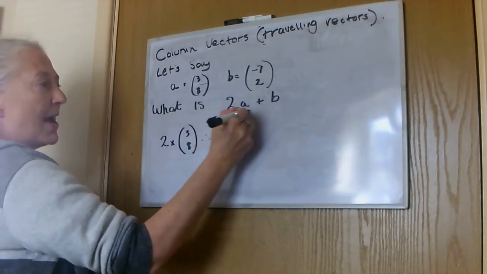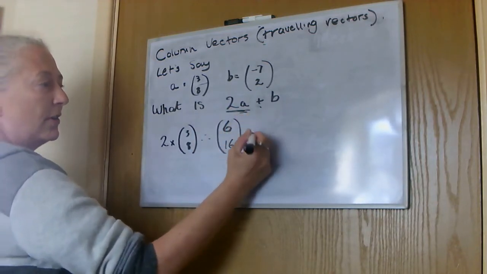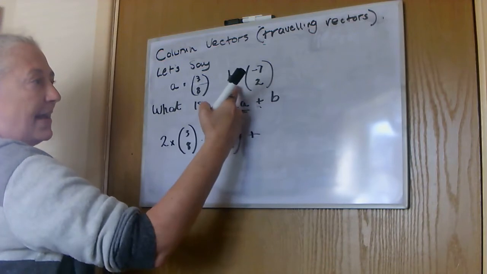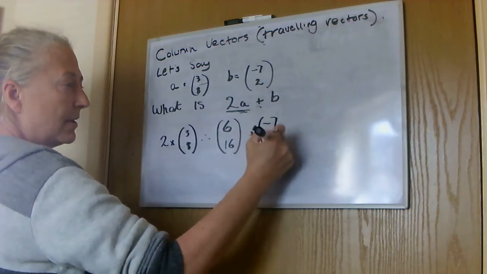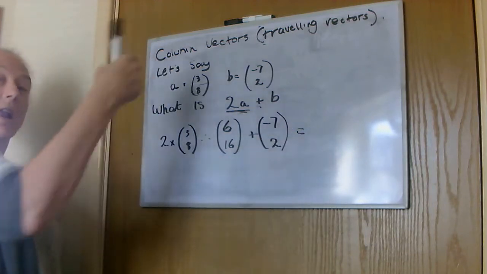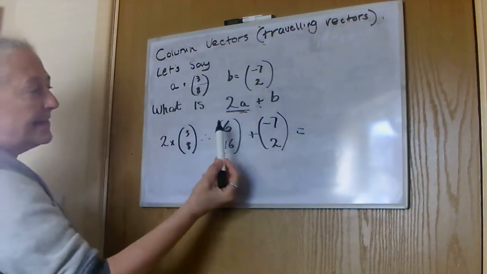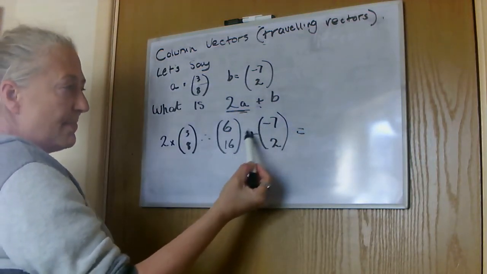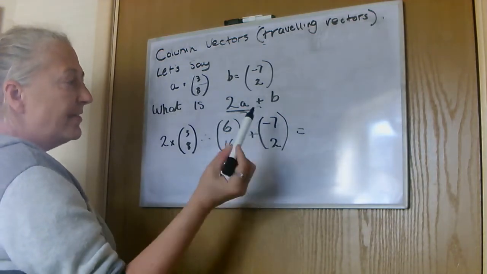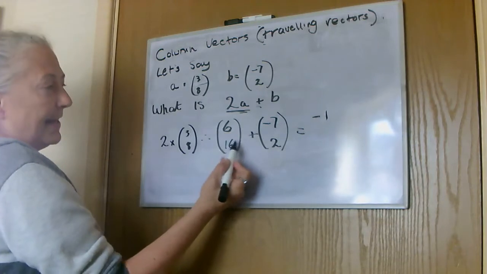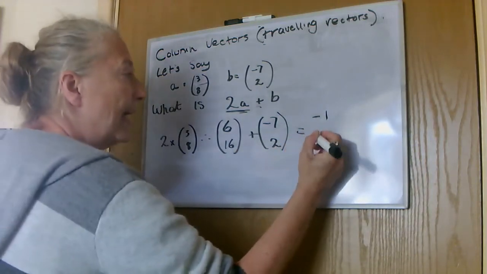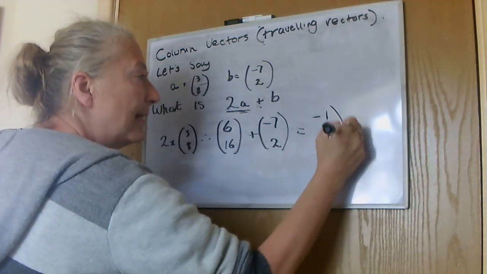So that's our 2A bit, plus B. B's here. -7 and 2. And then we do it like we did before. 6 plus a minus makes a minus. 6 minus 7 is -1. And 16 plus 2 is 18.